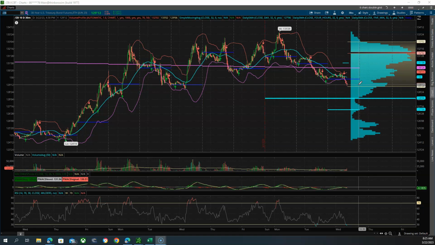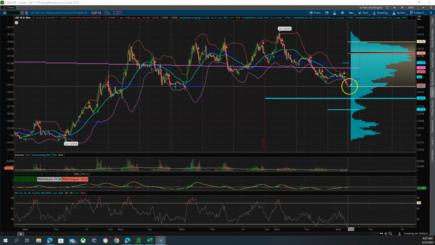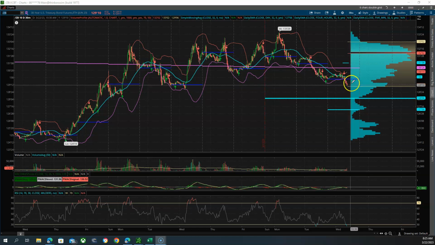this could be a heads up that things are about to take a turn in the broader market. So again, keep an eye even right here at this 129.07, because we're at a profile low, and this could be a spring point to reverse and turn around at some point.